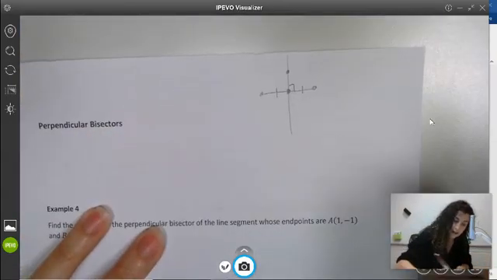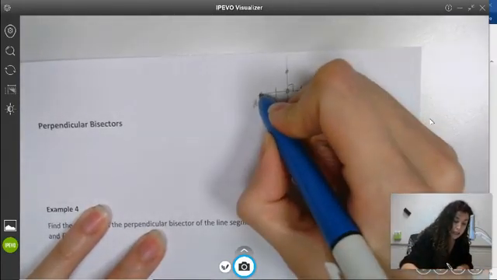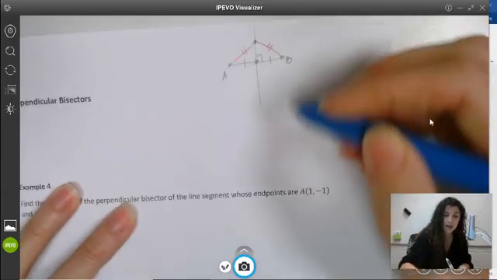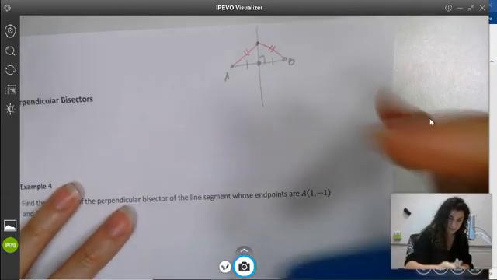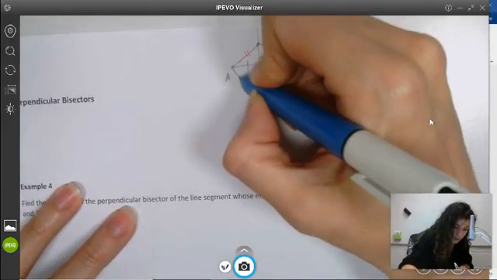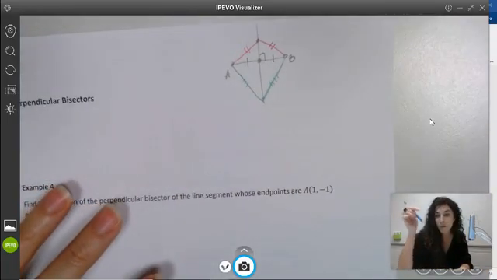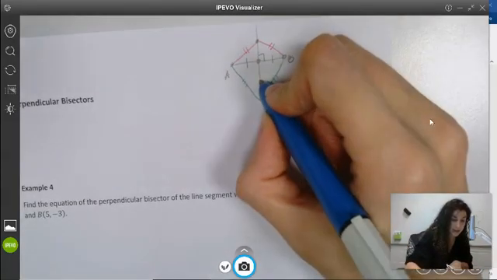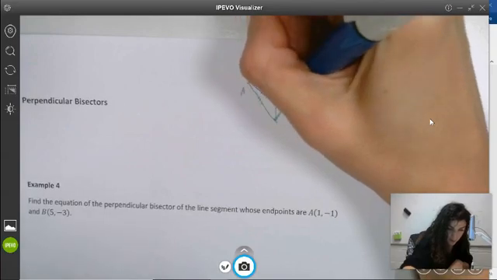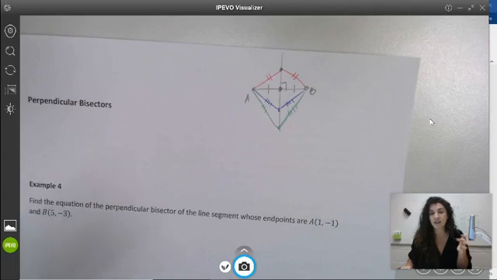Let's call those endpoints A and B. So this point right here is equal distances away from A and B. If I put a point right here, this point is also equal distances away from A and B. And this is true for any point that you put anywhere on a perpendicular bisector. It will always be equal distances away from the endpoints of the segment that it has bisected.